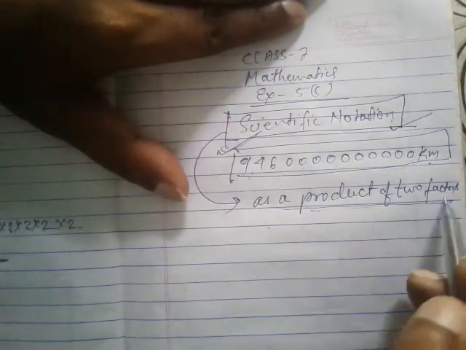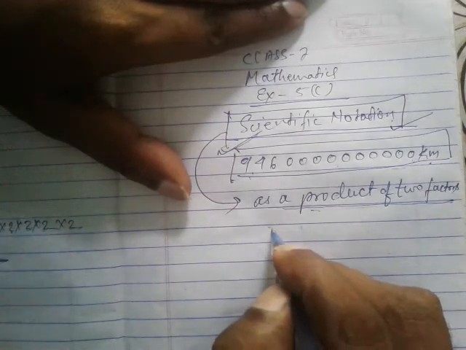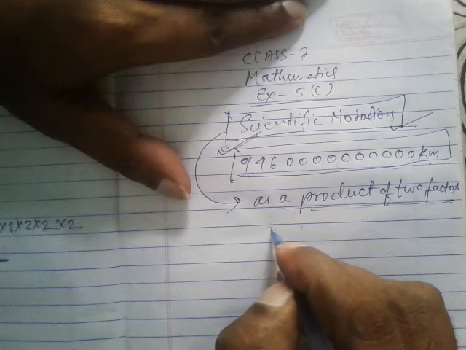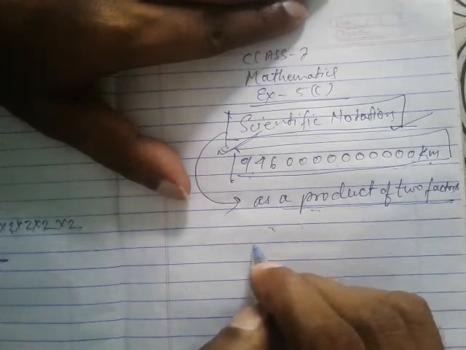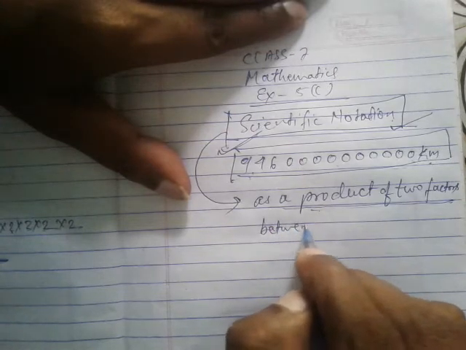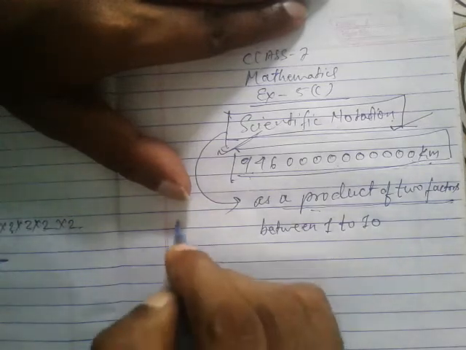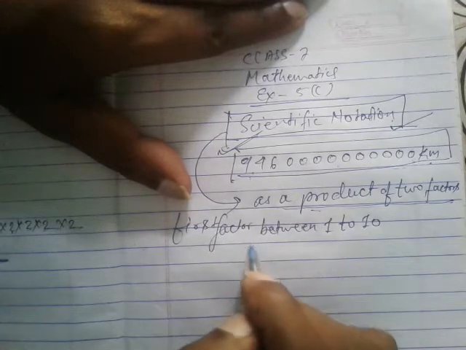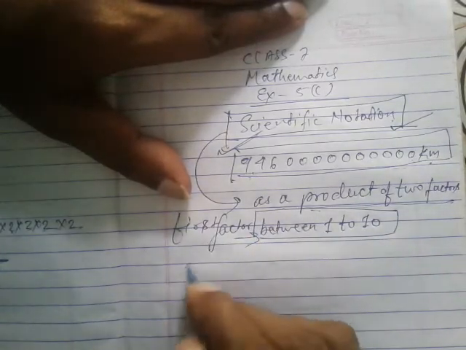So product of two factors means the first factor is a number between 1 and 10. The first factor has a value between 1 and 10.